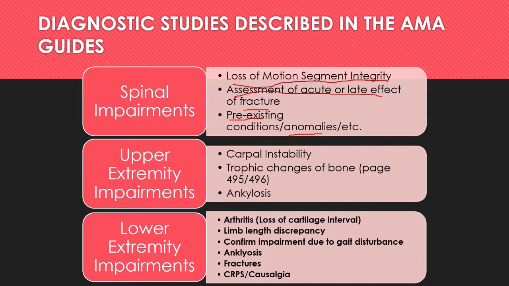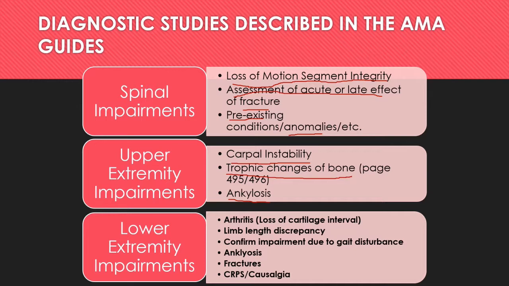For the upper extremities, X-rays are required for the assessment of impairments due to carpal instability. And I have a carpal instability case to share with you, which involves some fascinating measurements on wrist X-rays. They're also required for the assessment of ankylosis and also for the assessment of trophic changes of bone as a result of chronic regional pain syndrome.